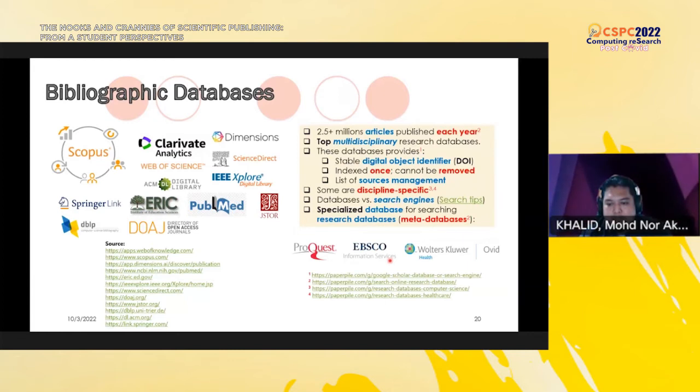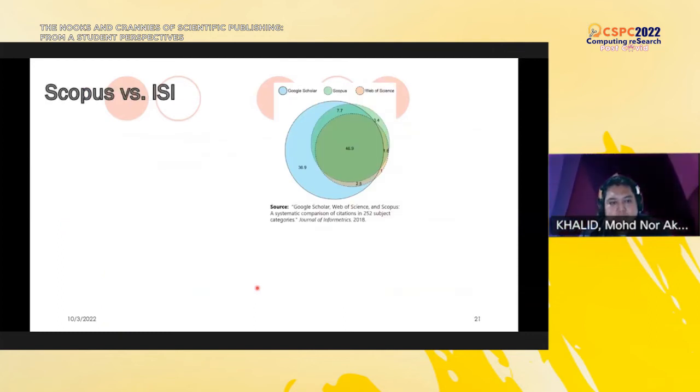And even for research databases, you have meta databases that specialize in searching them. So whenever we talk about Scopus versus ISI, you need to understand that Scopus has a much larger coverage compared to Web of Science.